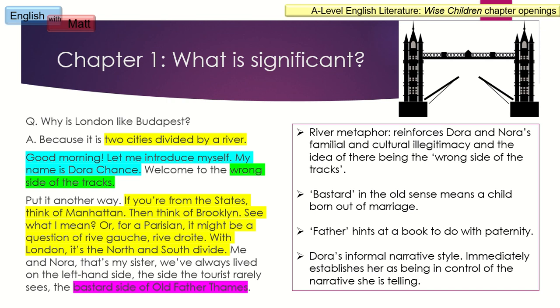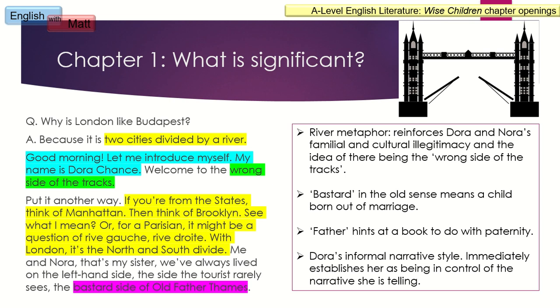It acts as a metaphor because, as we know from reading the chapter and reading the novel fully, this is very much a novel which is to do with family, it's to do with relationships, but it's also to do with being legitimate and being illegitimate. And of course, Dora and Nora have spent their whole lives, 75 years, feeling like they are outsiders to this celebrity Hazard family, which have kind of become celebrities in their own right.